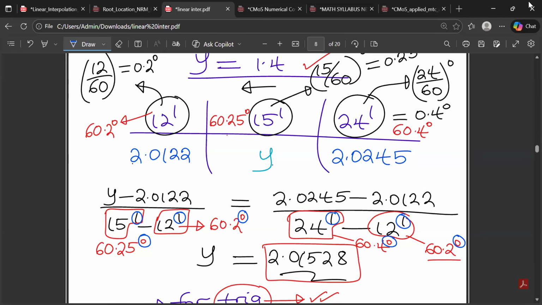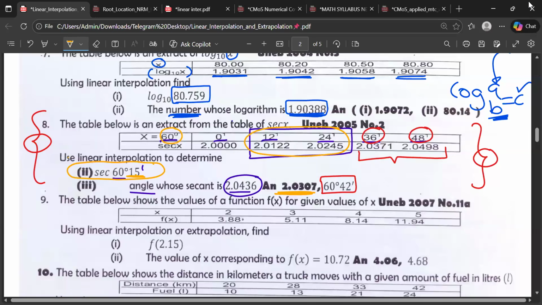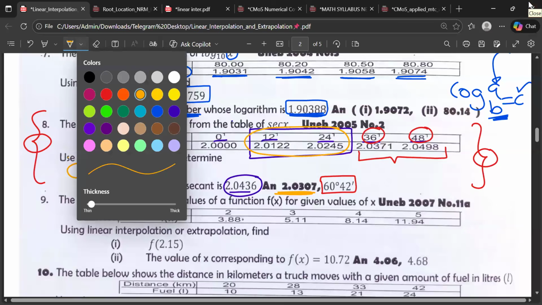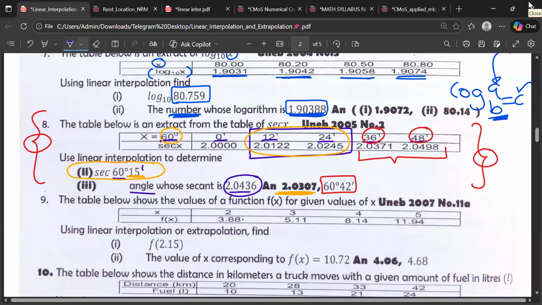So even when they ask you this question, what you'll get will be a minute, and you get a very good value. Then you attach it to 60. As you can see there, I told you that this one, 2.0436, will fall between here. Now when you put it there, in your calculation, you should put the minute and the minute.